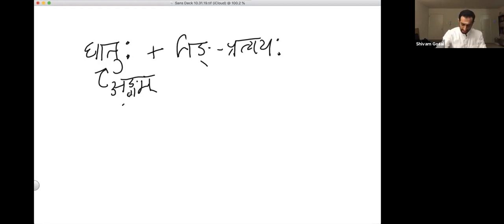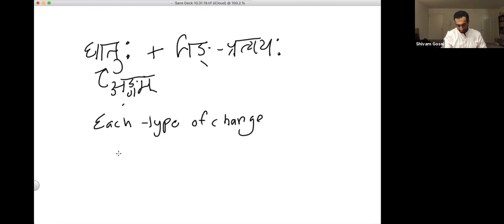Each type of change that occurs is a different gana.